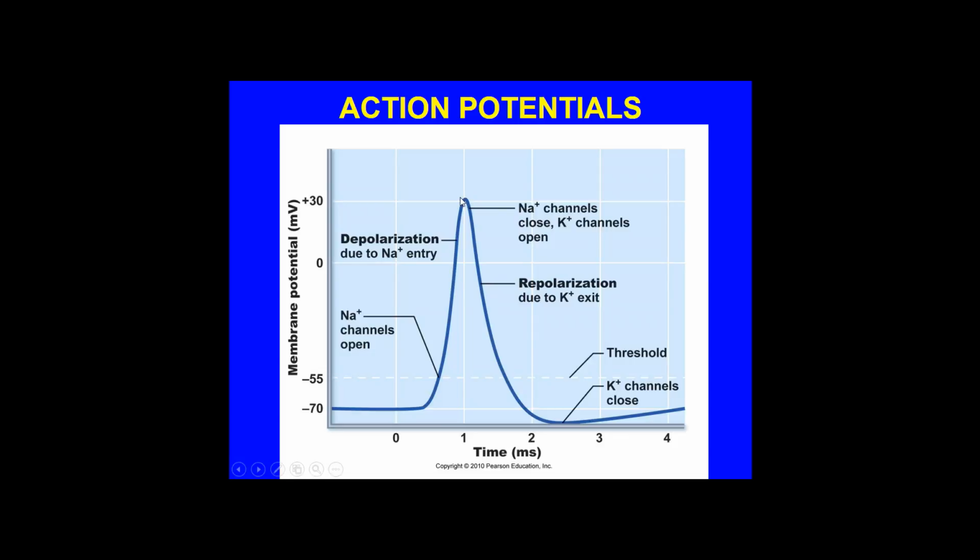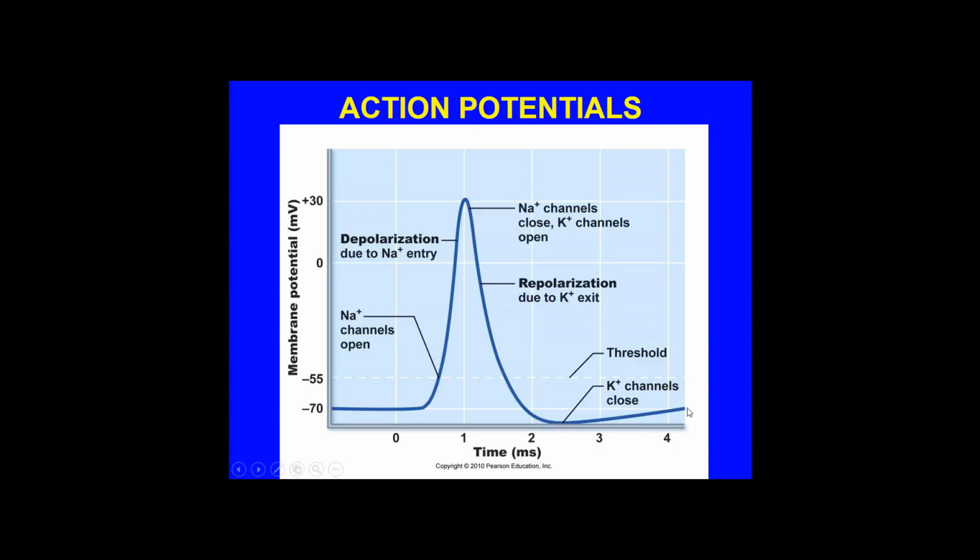In other words, the membrane potential starts going from plus 30 to plus 29, plus 25, 0, minus 10, minus 20, etc. Eventually the potassium channels will close, but usually this is after you've achieved almost a hyperpolarization, roughly around where my needle pointer is, minus 75.